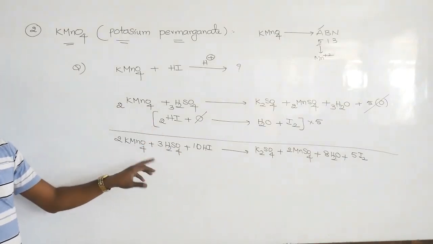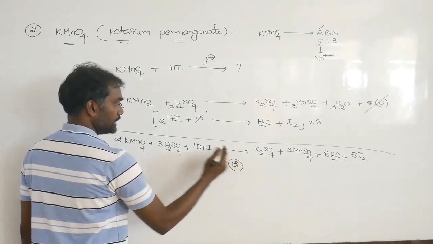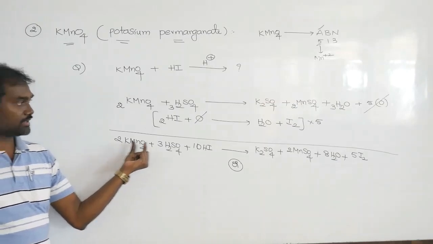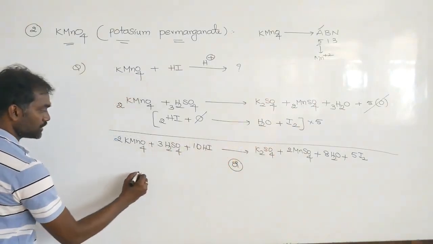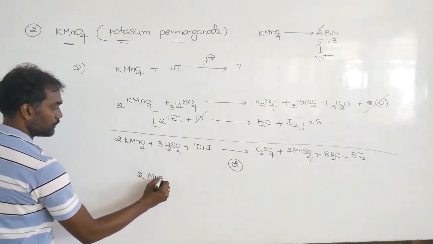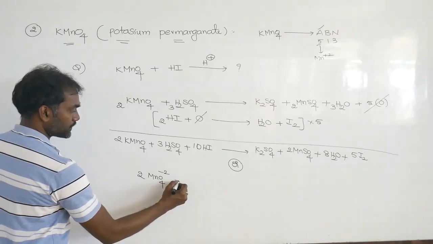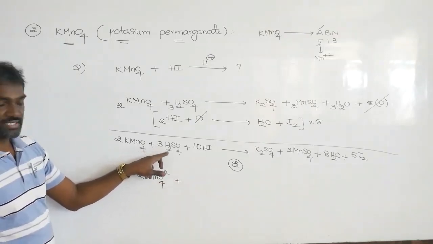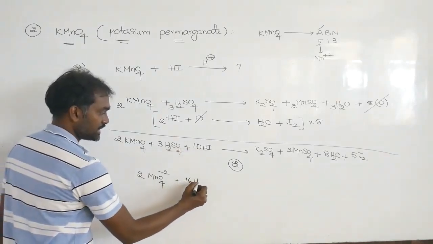But in your textbook these are not given. So in what way are they given? This is also simplified. Here 2 potassiums are there, here 2 potassiums are there, you cancel. So that means 2 MnO4 minus, potassiums are gone. 2 plus. Here H plus: 3 2s are 6, here H plus 10, so that's why 16 H plus.